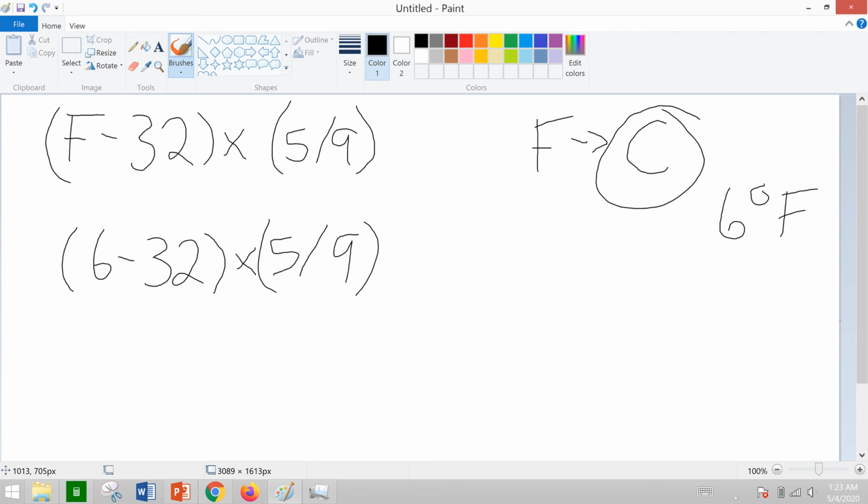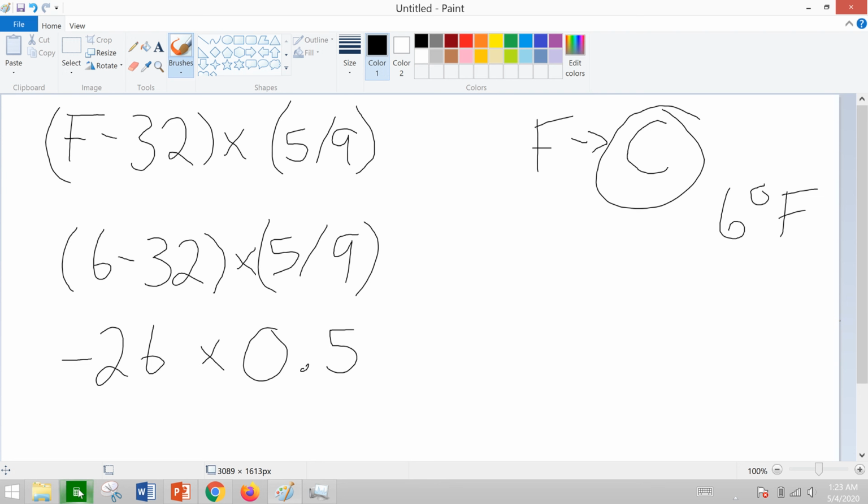It's actually like 0.555, but you could just do 0.5, that's fine. So let's do the PEMDAS, the order of operations, parentheses first. So 6 minus 32 is negative 26, and we are going to multiply that by 0.5.